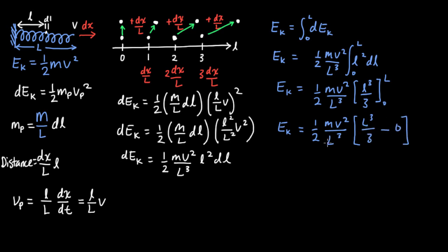So the capital L's cancel out, and we're left with half m over 3 v squared, and this is equal to 1 over 6 mv squared.